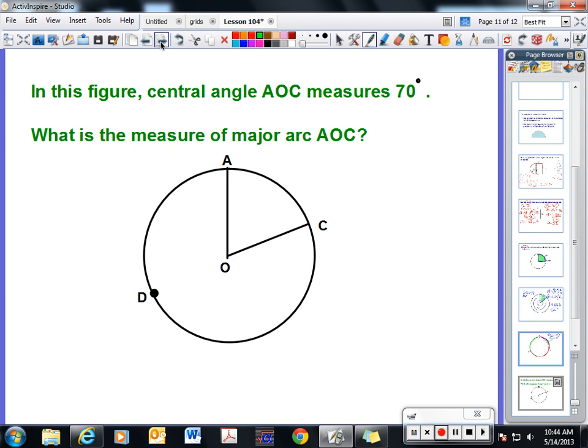All right. In this figure, central angle AOC, this one right here, measures 70 degrees. So what is the measure of the major arc then? Let me get another color here. AOC. Actually, that should be ADC for the arc. I'm sorry. That should be ADC.